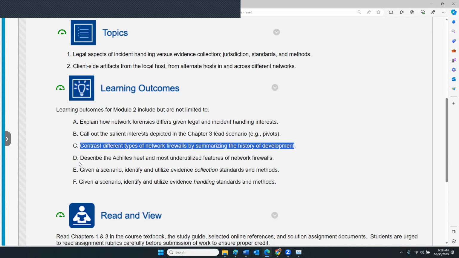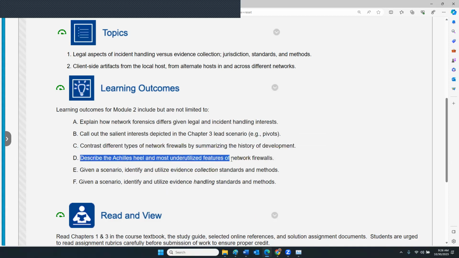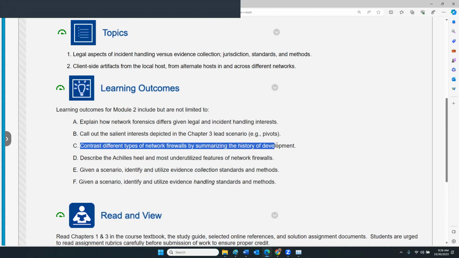This is one thing we haven't had a chance to review. And this related one, describe the Achilles heel and most underutilized features of network firewalls. So what I'd like to do is take a little bit of time to walk through the history of firewalls. And there's actually a history of firewalls that isn't very well articulated.